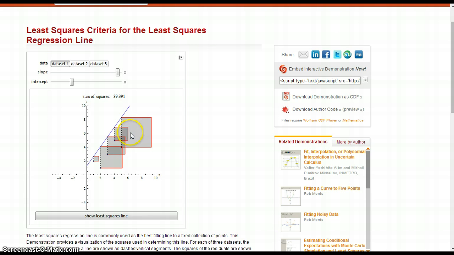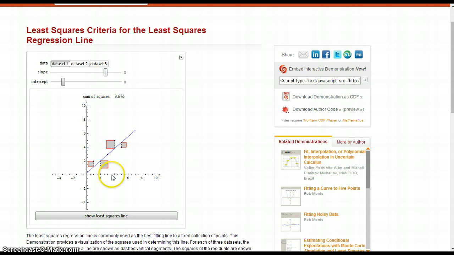So these are squares. The area of these squares is what's being summed. So what we're doing with the best fit line is trying to figure out what line minimizes the total sum of these squares. You can play around with the slope and the y-intercept and try to minimize this, okay?